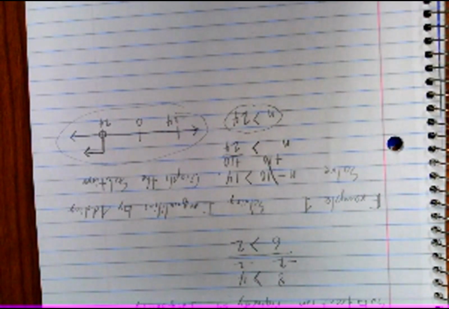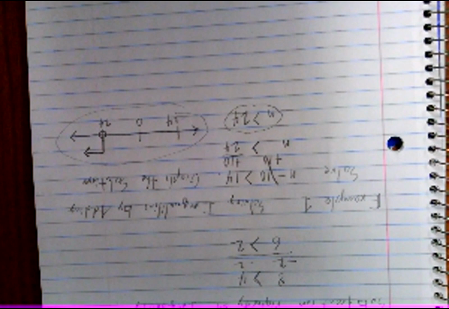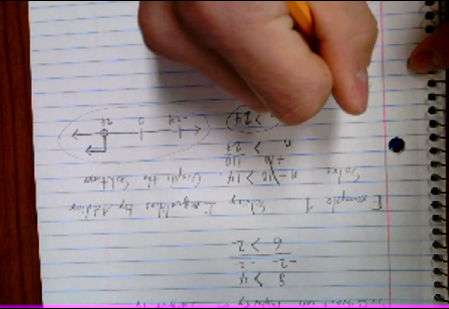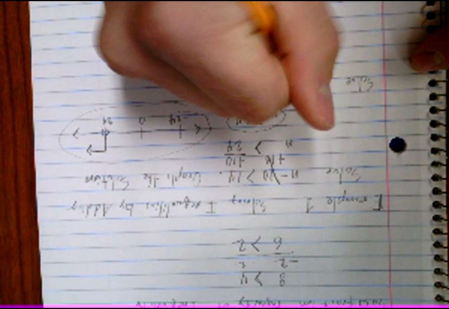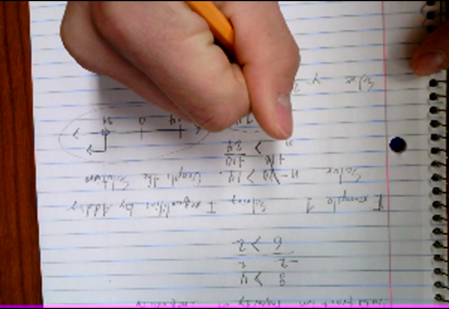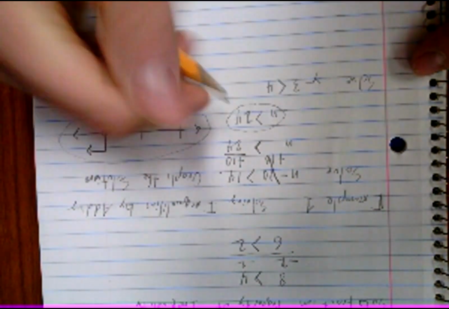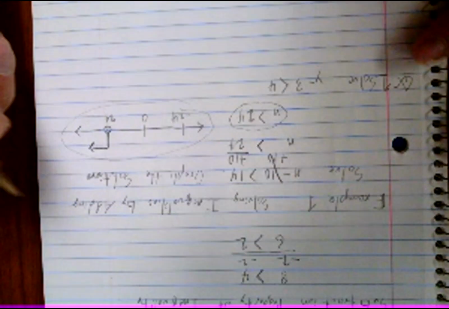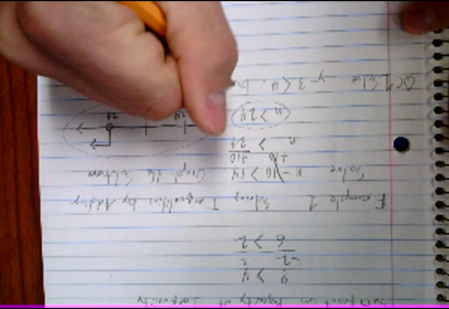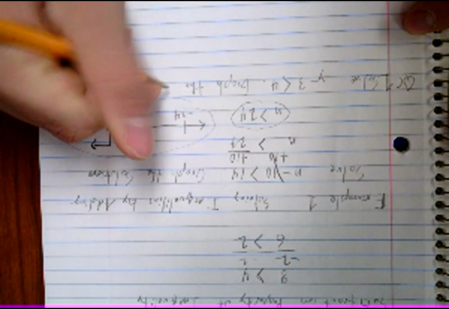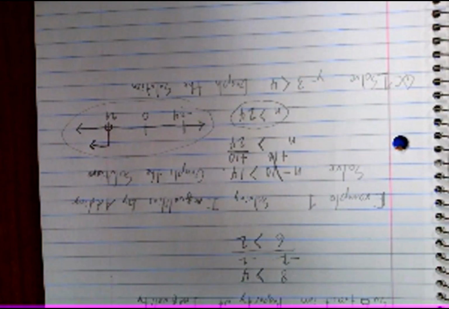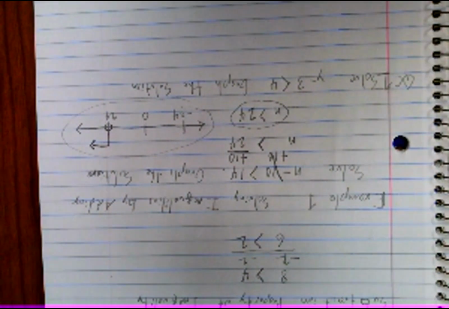At this point, I ask that you do quick check number 1: solve y minus 3 is less than 4, and then graph the solution. Go ahead and pause the video. I'm going to complete this problem right now so you can have the answer.